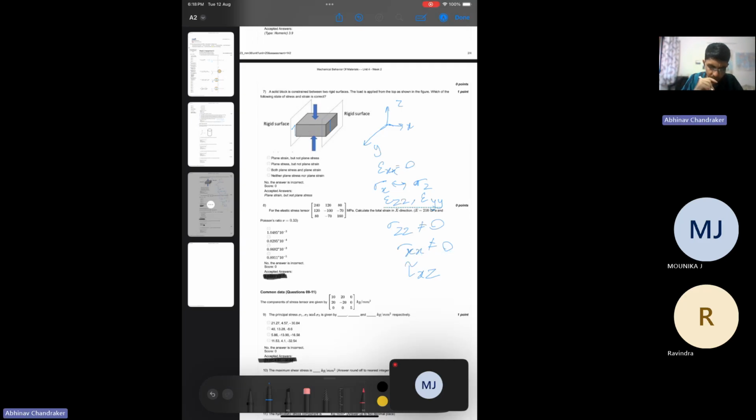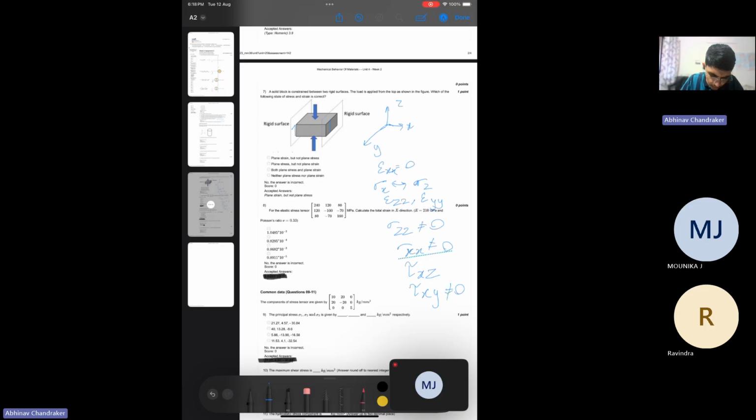And also there will likely be some shear component which is being exerted by the surface in the y direction. So tau xy will also likely be not 0.